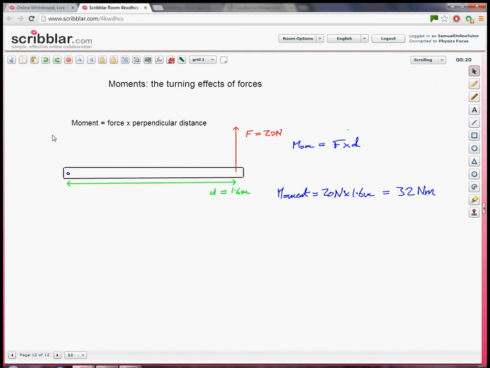However, I'm now going to take a slightly different setup. Let's see if I can capture all of this picture.